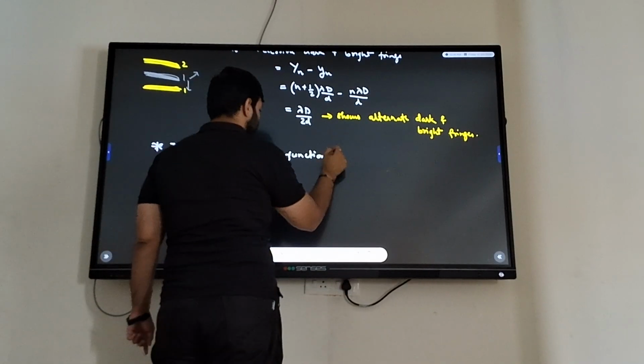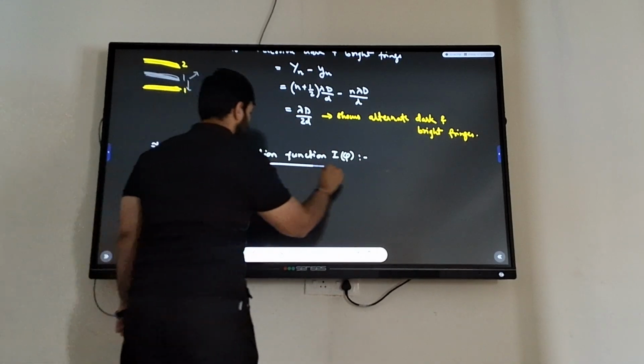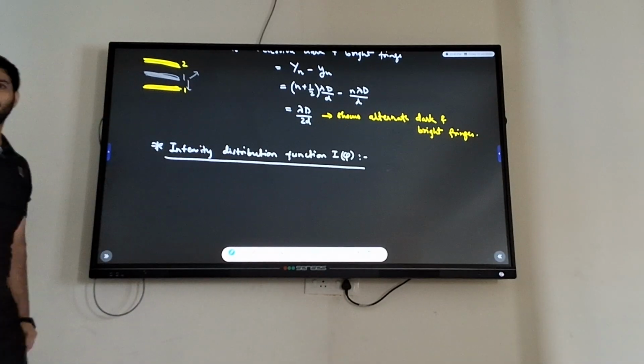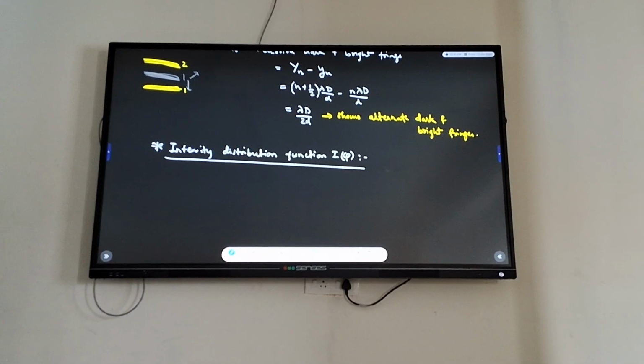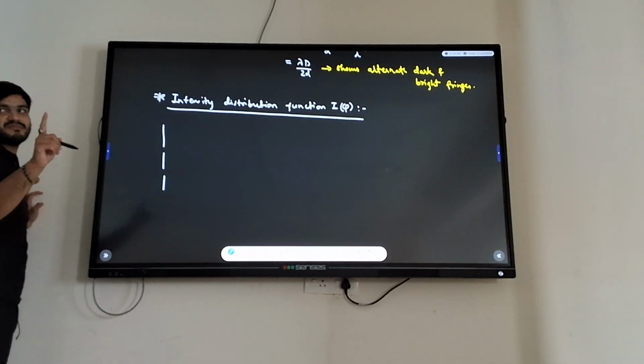I of phi. I'm going to make a simplification where I will assume that both the sources are identical, and by identical I mean that they will give off the same intensity. This can be achieved very easily actually. If you want two sources to be identical, just take one source.